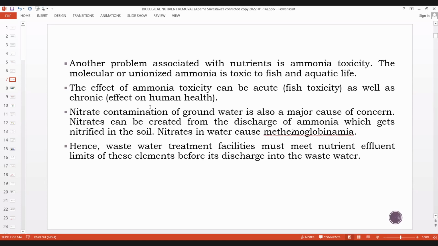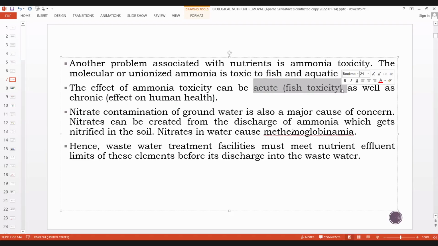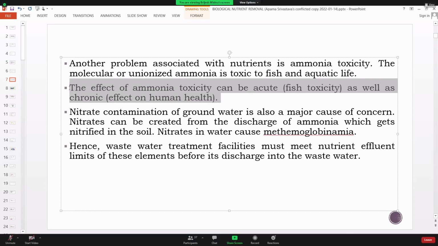The effect of ammonia toxicity can be acute as well as chronic. We use the word acute in terms of fish and other animal life, and chronic because it is toxic and has some value, which we can calculate, and we know the concentration for drinking water.